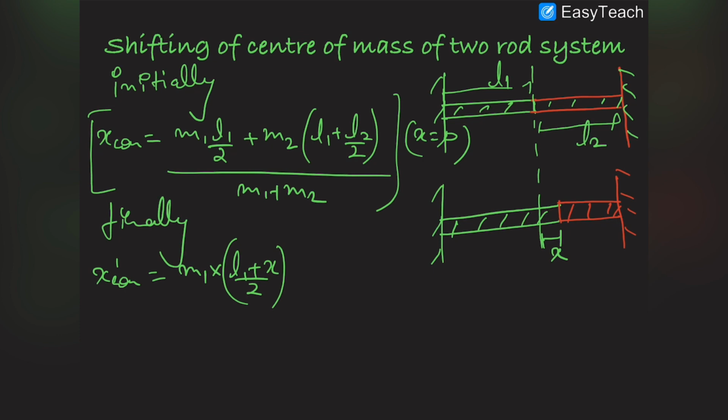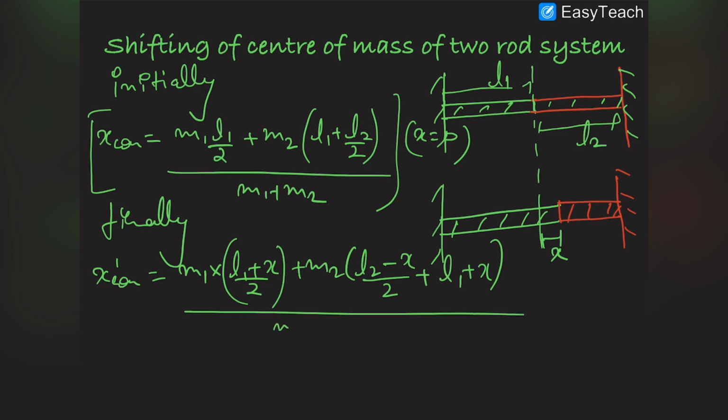And the new length of this second rod is L2 minus x, so this is m2 into ((L2 minus x) by 2 plus L1 plus x), because we are taking the origin as this point, divided by m1 plus m2.